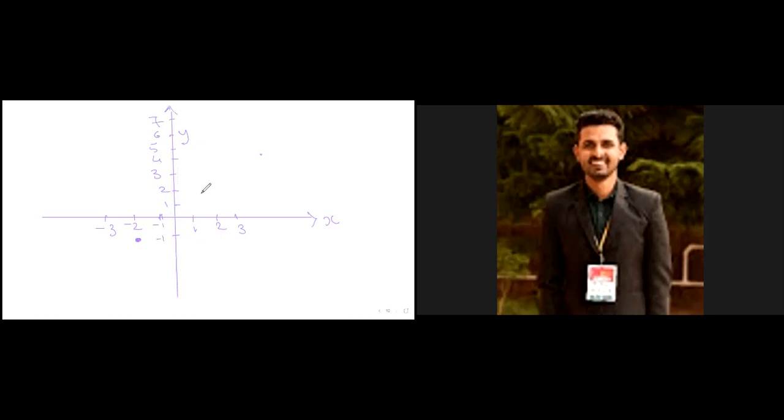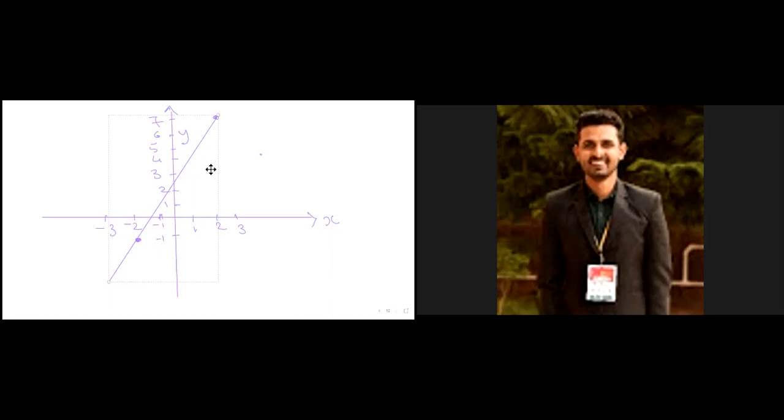Around this. Okay, if I plot the graph, it will be like this. Correct?